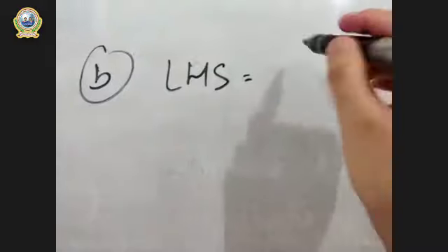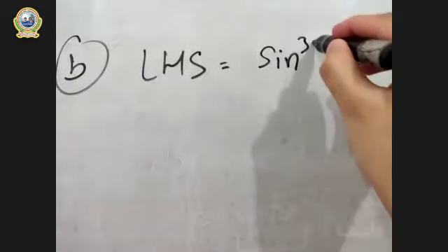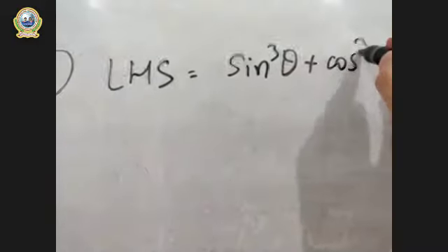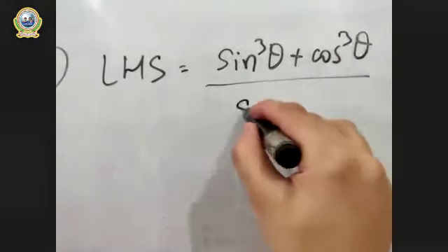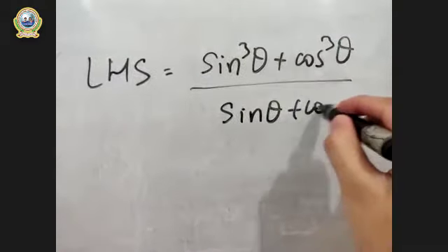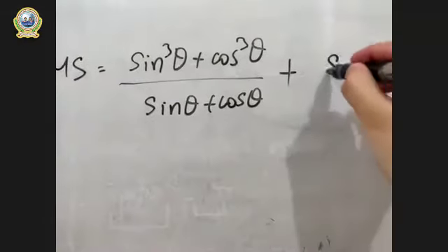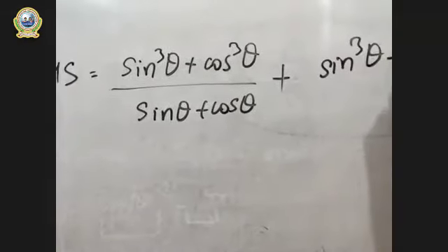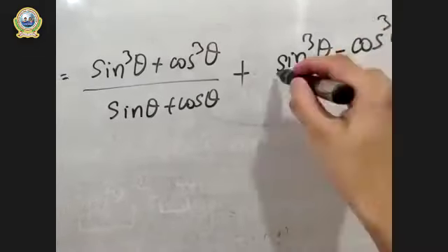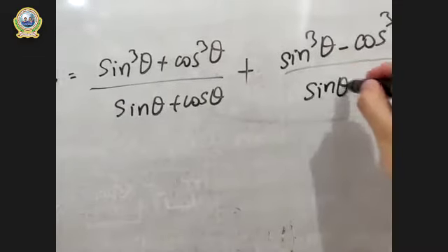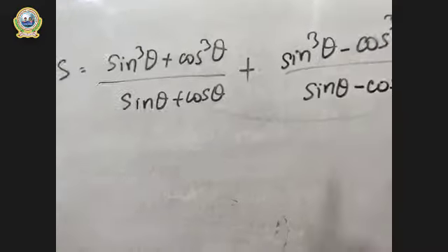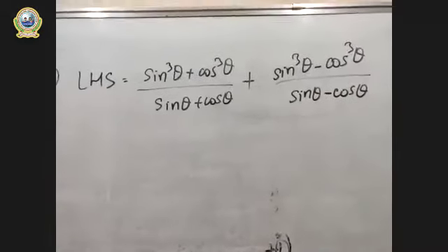It says sine cube theta plus cos cube theta by sine plus cos, right? And the second part is plus sine cube theta minus cos cube theta by sine minus cos. This is our complete question. Is this clear?